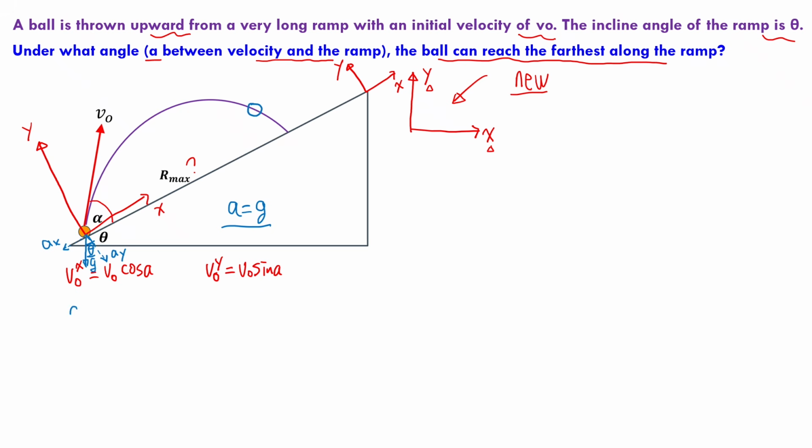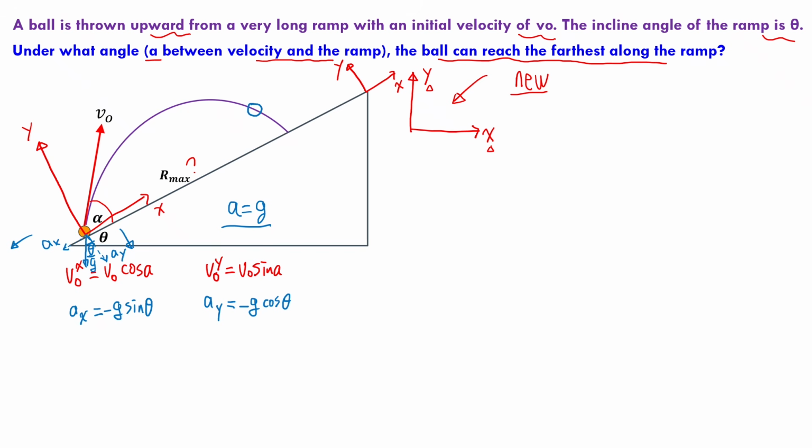So my acceleration along x direction is g times sine theta, but because it's going in the negative direction, it should be minus g sine theta. Similarly, my acceleration along y direction should be g times cosine theta, but it's also going in the negative direction, so it should be minus g cosine theta.